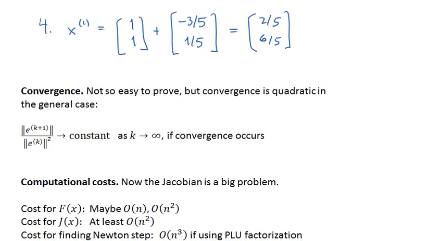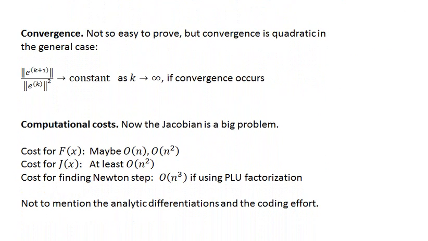What's the convergence of this method now, Newton's method? Well, it's not as easy to derive as it was in the scalar case, but it's similar. And we do conclude that it's quadratically convergent in the sense of taking norms of the error vectors. So as usual, we define ek to be the difference between xk and a root. So it's the error sequence.